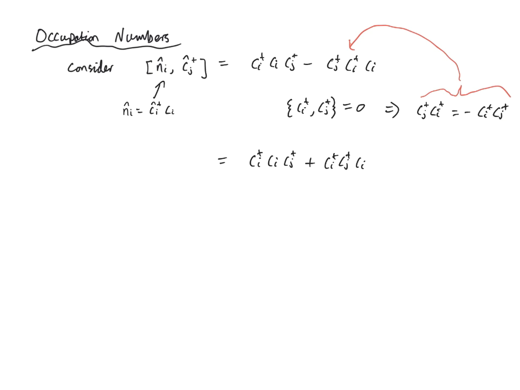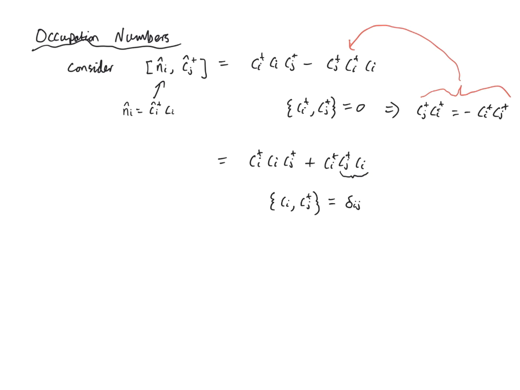But to be able to compare the two terms in this sum, we're not quite done yet, because we still have this Ci dagger here. And so for this pair of terms, we'd like to swap the order as well. And we can do that using the anti-commutator of Ci with Cj dagger, which is equal to delta ij.